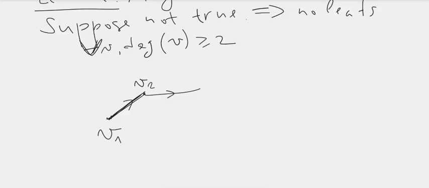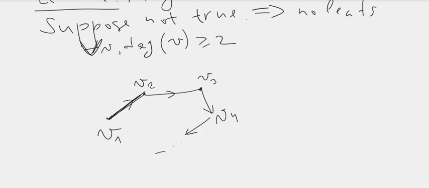We go along this edge to some vertex V3. And so on. We can continue this process. Whenever we come to some vertex, we can always go to the next vertex, because the degree of every vertex is at least 2. So we would never be in the situation where there is nowhere to go. But we cannot continue this process forever because there are a finite number of vertices in the graph.